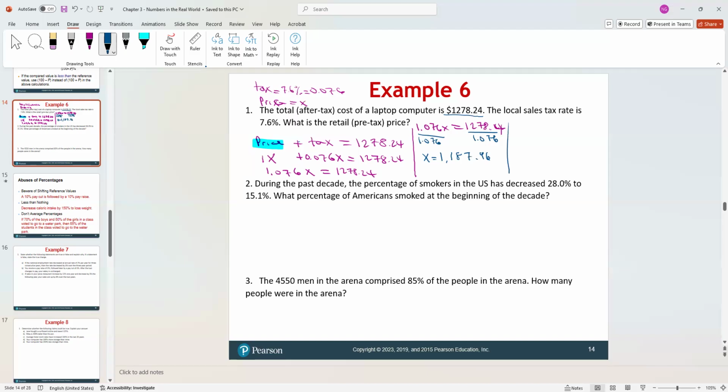So in this case, the price is 1,187.96. We can conclude that the pre-tax price for the laptop is 1,187.96.